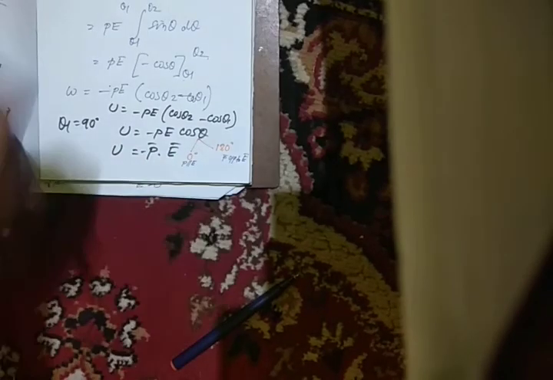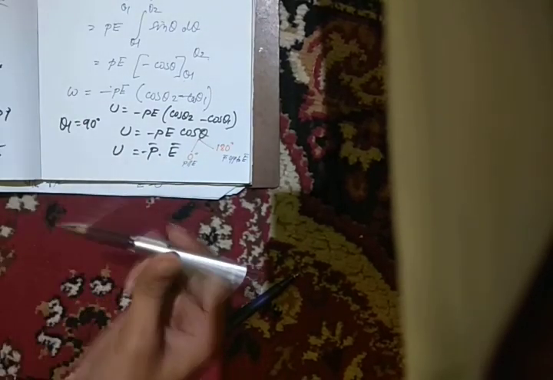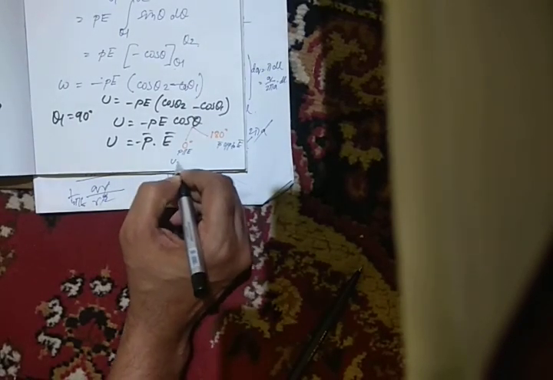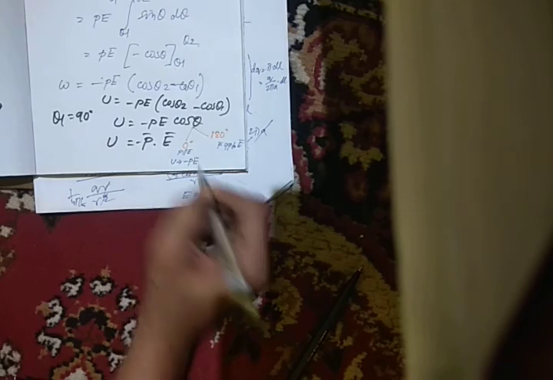Now when theta is 0 degrees, that is the dipole is purely aligned with E, so the angle becomes 0. In that case, the potential energy will be negative. U is minus PE, which is negative.